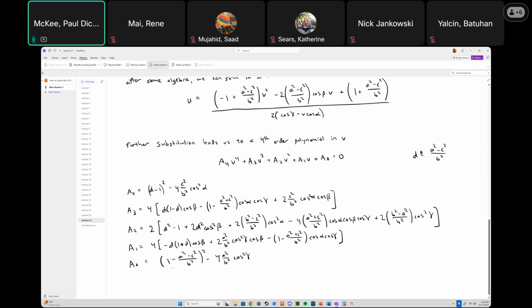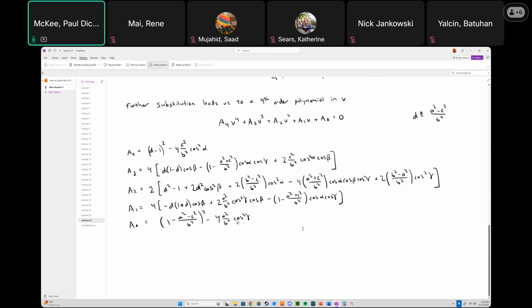So while this is really gory, this is exactly the type of thing that computers were built for. Because we know the cosine of alpha, the cosine of beta, the cosine of gamma, A, B, and C, and then D, by definition. So we can construct A0, A1, A2, A3, A4, build this polynomial and solve, and it's going to be in no time flat.